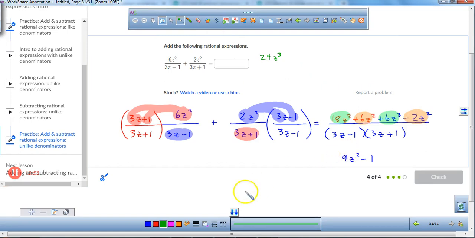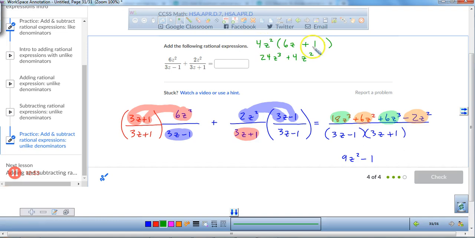And when we take that away, we're left with plus 4z squared. All right? Because 6z squared minus 2z squared is 4z squared. All right, so we can actually factor out a 4 and a z squared out of both of those if we wanted to. And that would leave us with a 6z plus a 1.